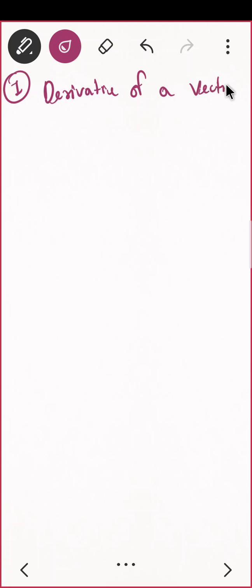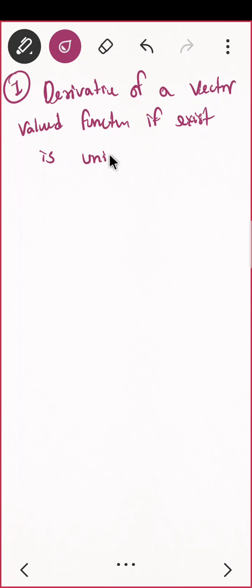The derivative of a vector valued function, if it exists, is unique. So we have to do the uniqueness proof. Can you do that? How will you do?